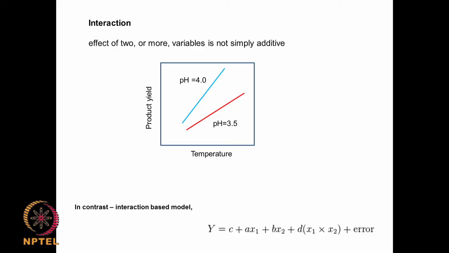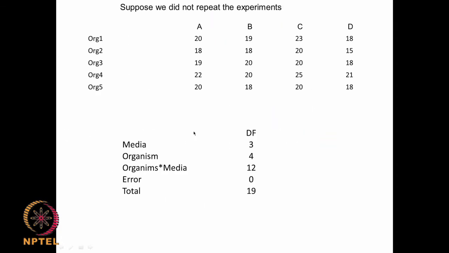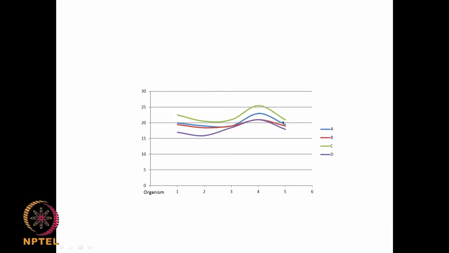So there was an interaction, and the lines were not parallel. In this case the lines are almost parallel, so the effects are additive between the media and the organism, and it is not a nonlinear or interaction type of dependence.